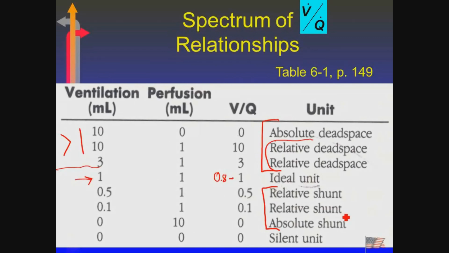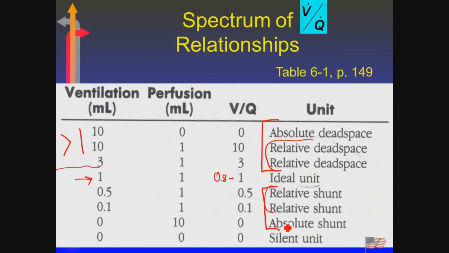A shunt can also be broken into a relative and an absolute. An absolute shunt means there's no ventilation present, a totally collapsed alveoli, a totally blocked off airway that's still being perfused.